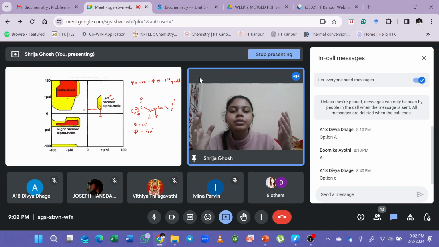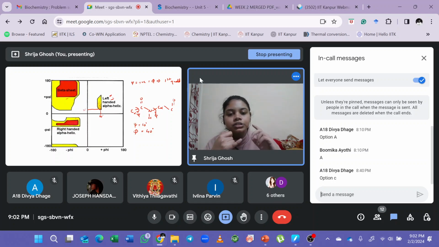If I give you a Ramachandran plot, you should be able to tell me whether the peptide sequence is representing alpha helix or beta sheet or both. So these kinds of questions will be very relevant to this topic.